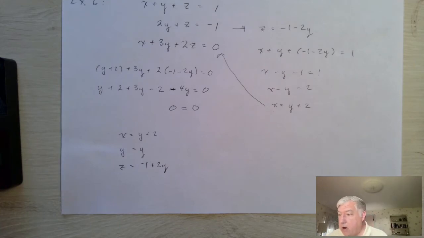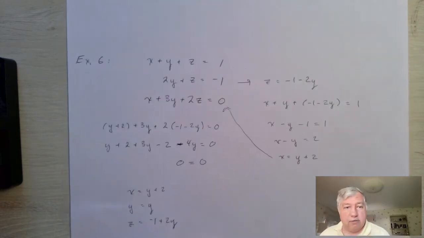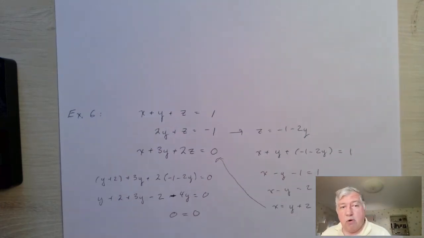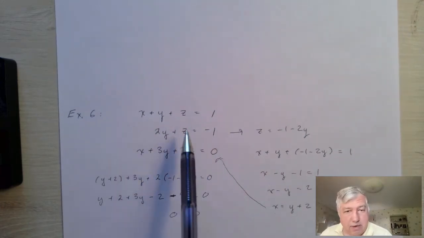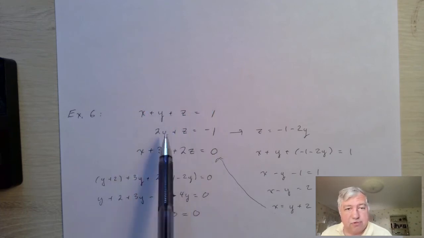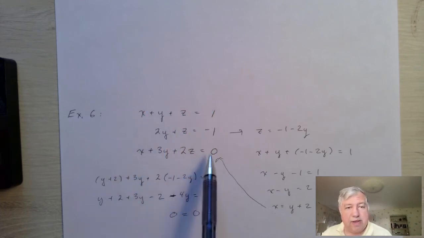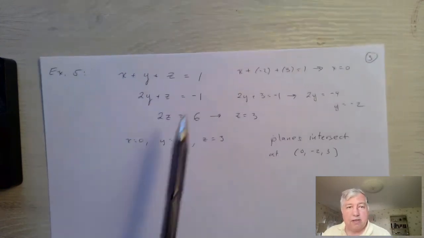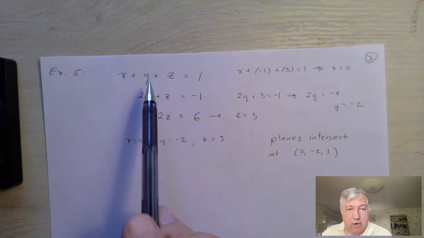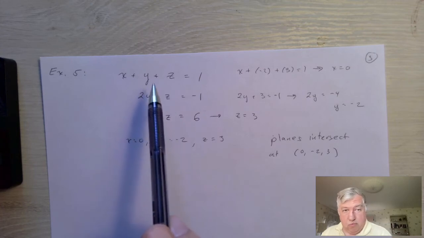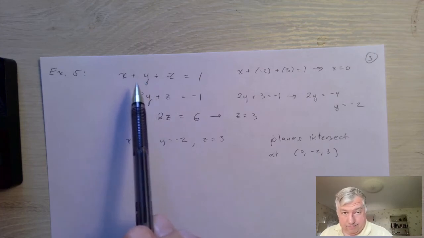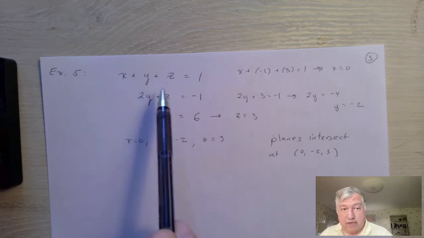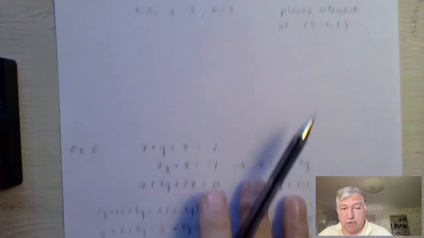Okay. Now, one thing before we move on that you might have noticed here is that if we add these first two equations together, we get the third. That's not the case in our example. In fact, there's no sum of any two equations there that's equal to the third.